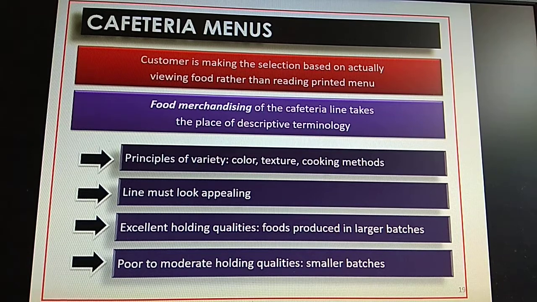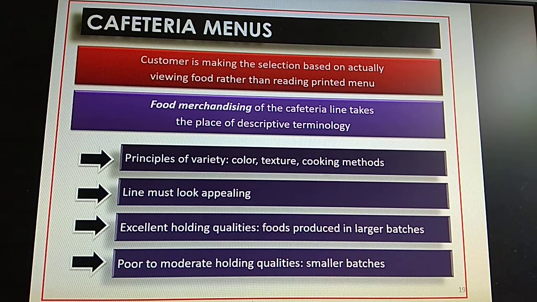In order to make food merchandising successful, apply the principles of variety: there should be many types of color, texture, and cooking methods to show the variety. The line must look appealing in terms of presentation. And they must have excellent holding qualities.